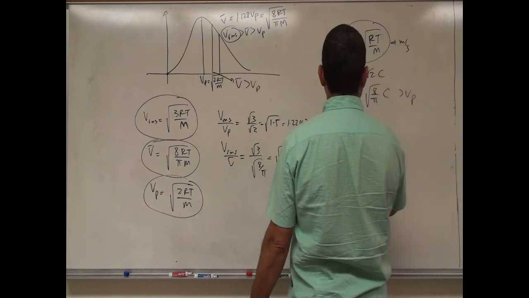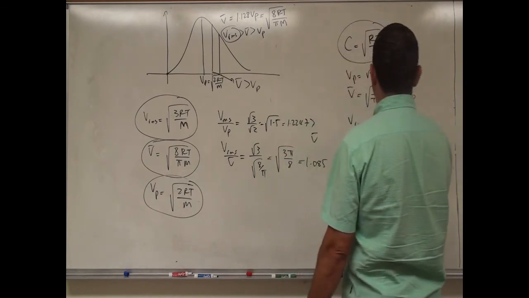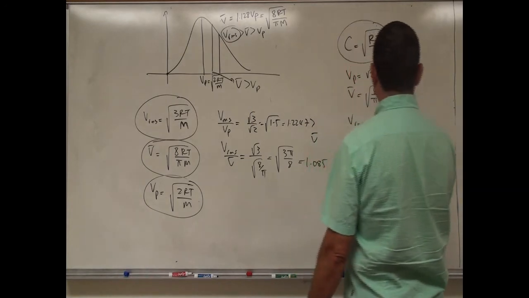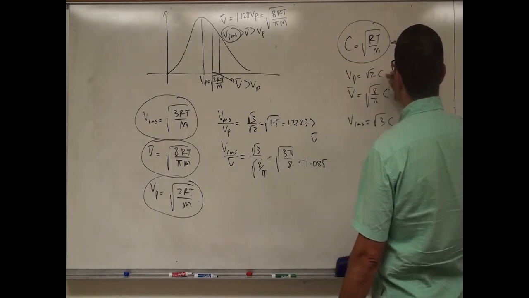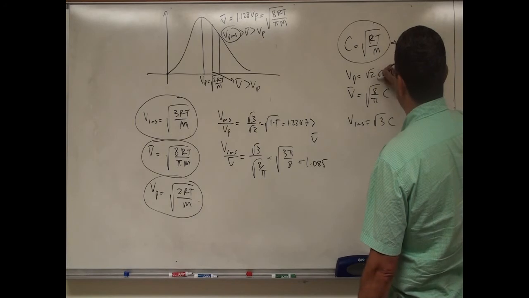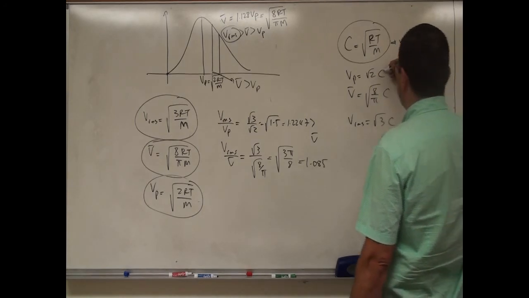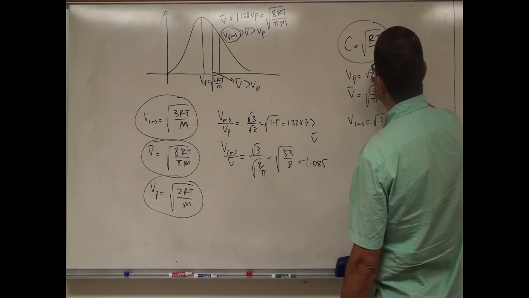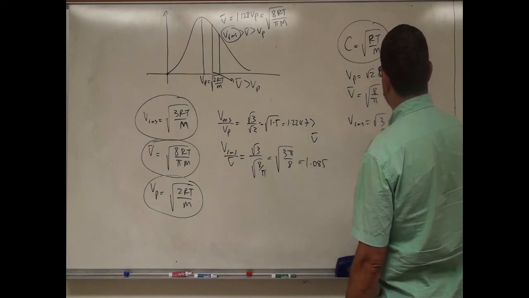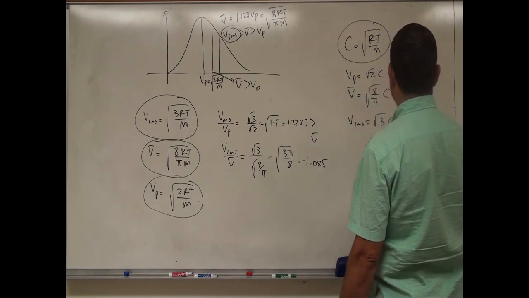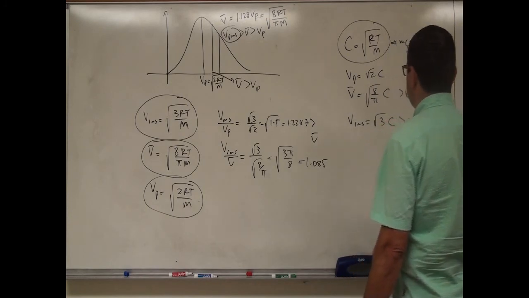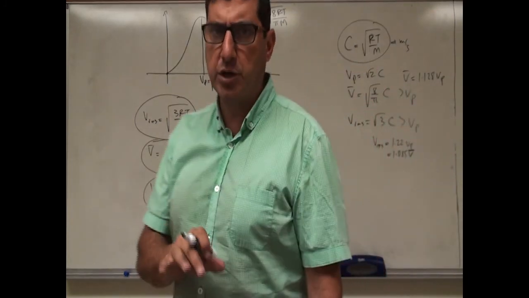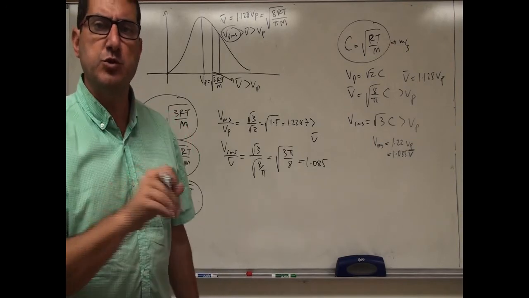And then V root mean square is going to be the square root of 3 times c, right? So the c already has the radical, so you don't need another radical here, right? So then you just have a number. The square root of 8 over pi is larger than the square root of 2. The square root of 3 is larger than the square root of 8 over pi, so this is going to be larger than Vp.